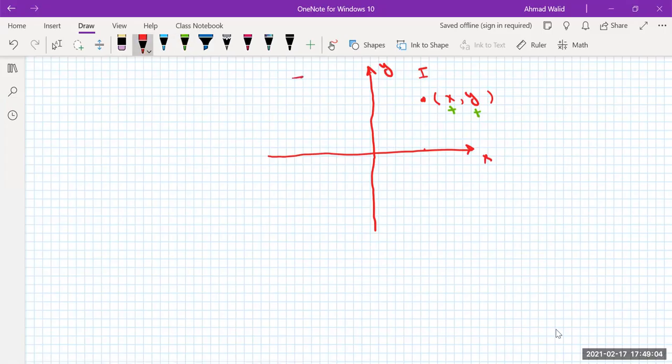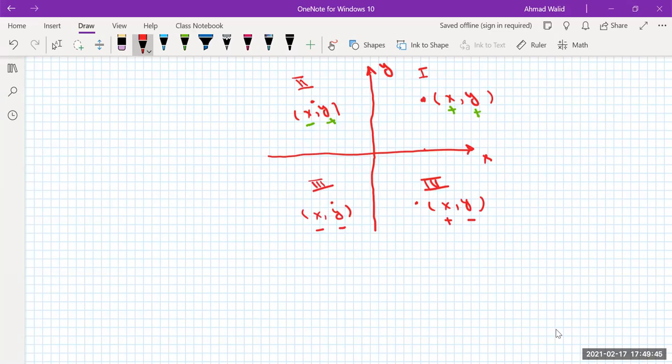In quadrant 2, if you have a point xy, the value of x is negative, y is positive. Quadrant 3, if you have a point here xy, your x is negative, also your y is negative. Quadrant 4, if you have a point xy, an ordered pair, x is positive, y is negative.